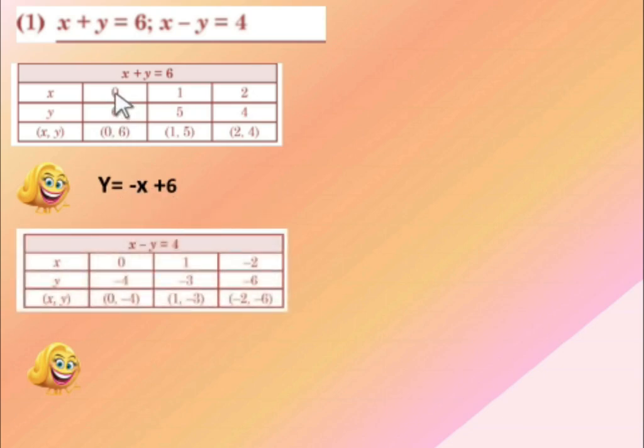Put x is equal to 0, this goes plus 6. x is equal to 1, that is minus 1 plus 6, 5. I will appreciate it if you put x as 6. What I am saying is x is equal to 6, because I can see very easily it is minus 6 plus 6, it is going to become 0.